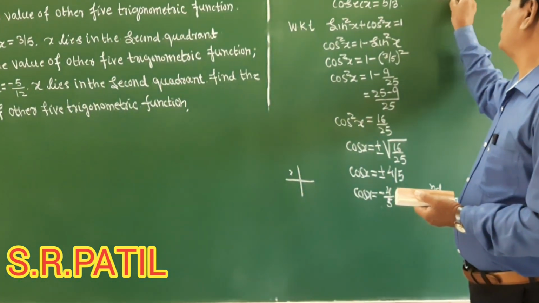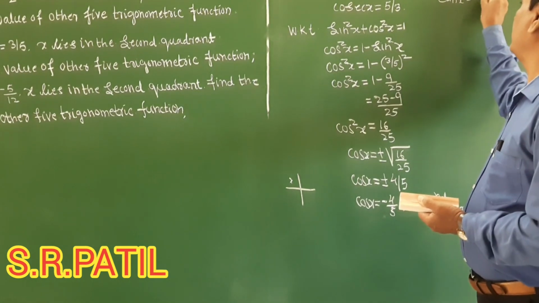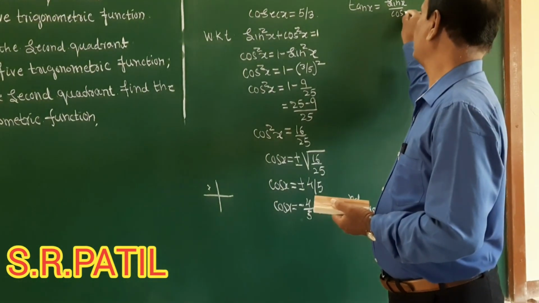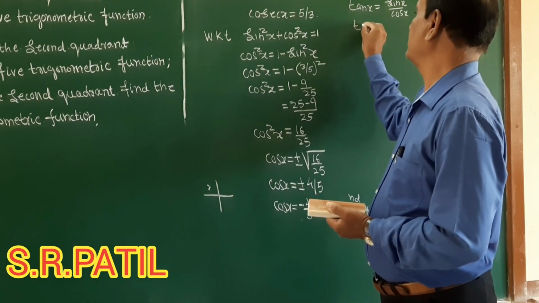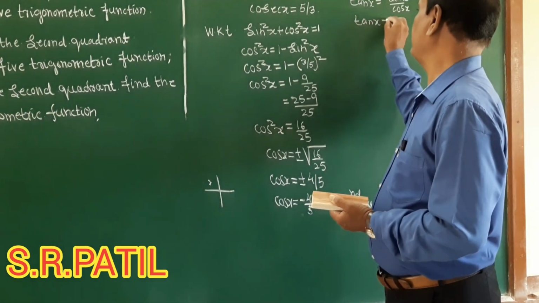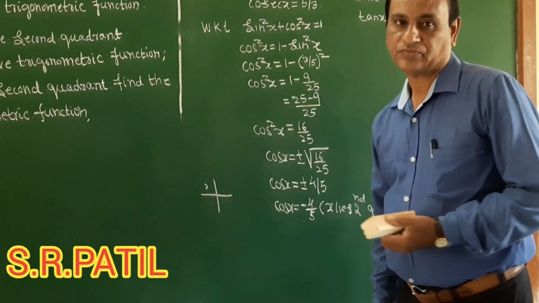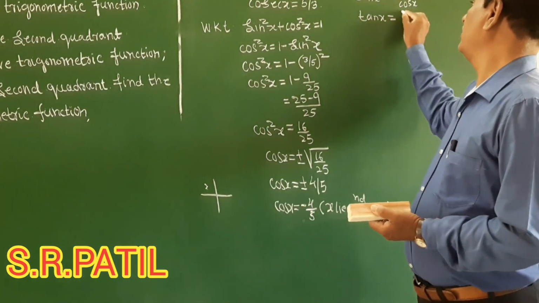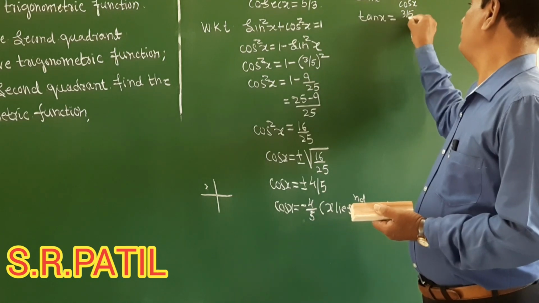So tan x is equal to sin x divided by cos x. Therefore tan x is equal to the sin x value. Already sin x is 3 by 5 is given, that is 3 divided by 5.